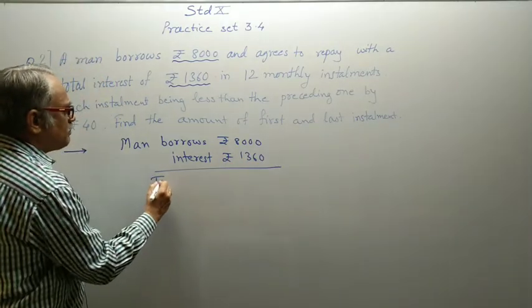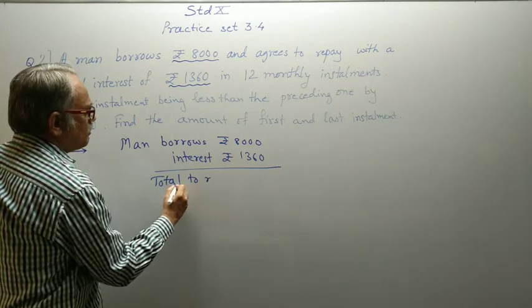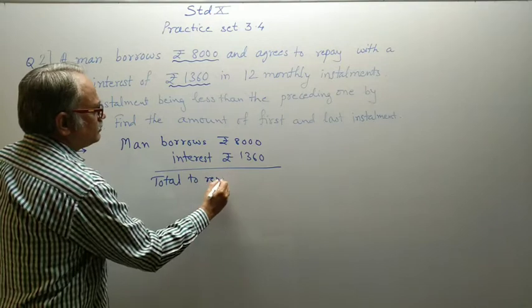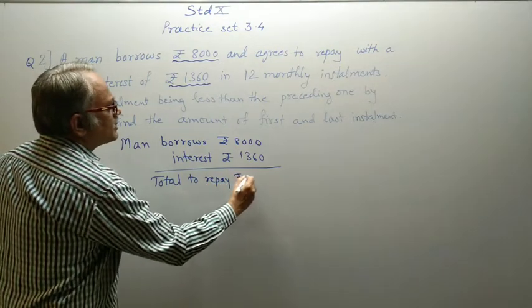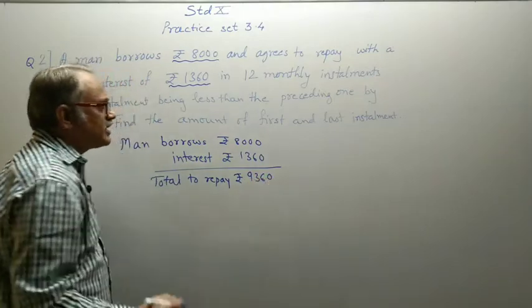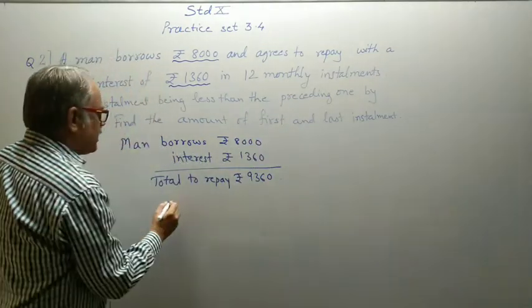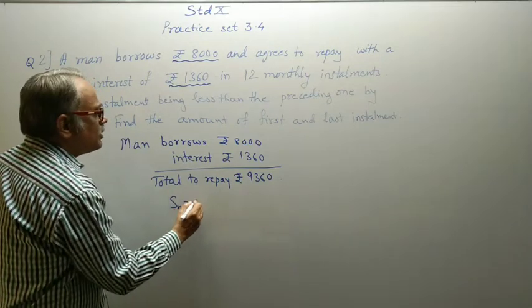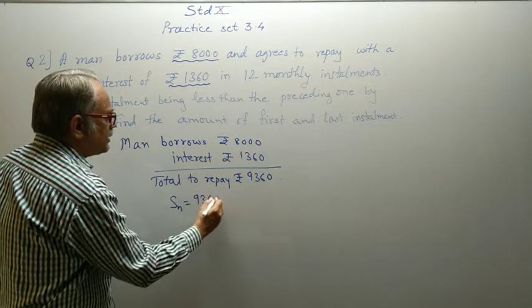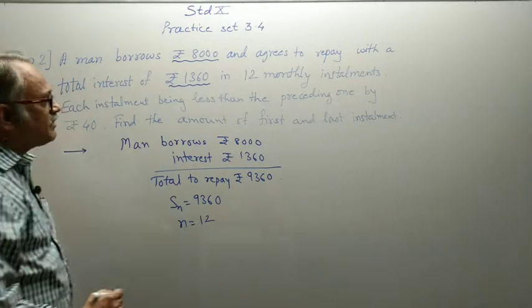Total amount to repay, rupees 9360, and this is SN, S12. In how many installments? 12 installments. Therefore SN is equal to 9360, where N is 12 installments, means N is 12.